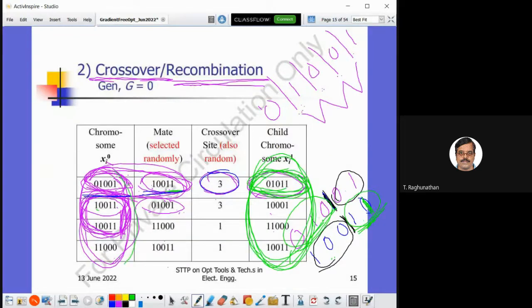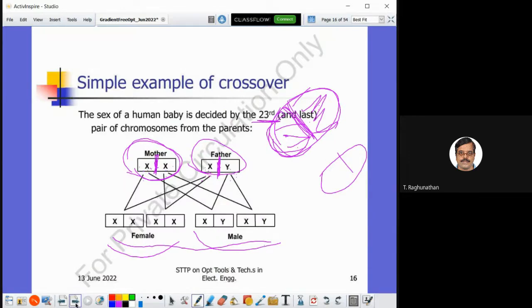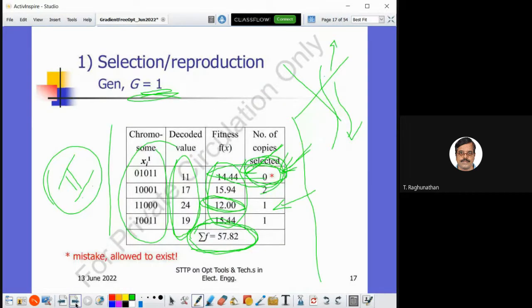I chose the population, I produced the initial population randomly. The mate also I chose randomly. Crossover site was random. Then the mutation, if I do, that is also random. Sometimes even that selection can be wrong.